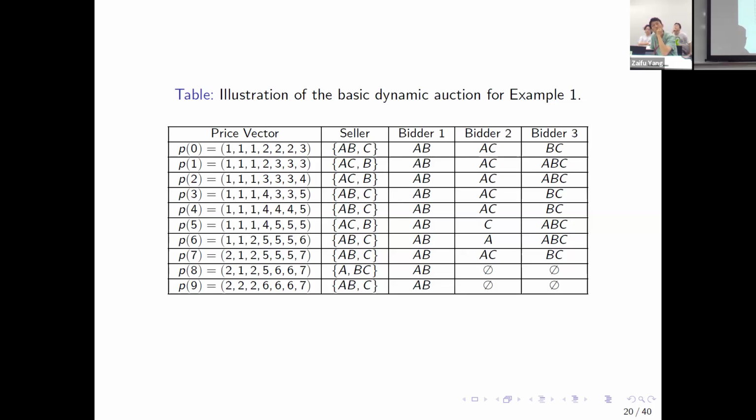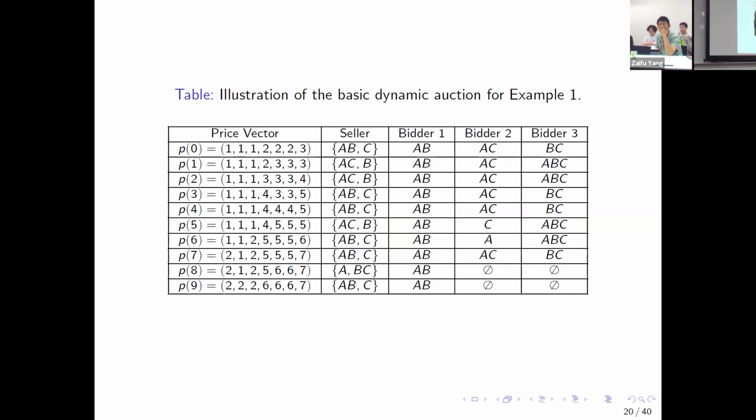So we need to increase the price of every such bundle. Now you see that bidder 2 switches his optimal demand to A.